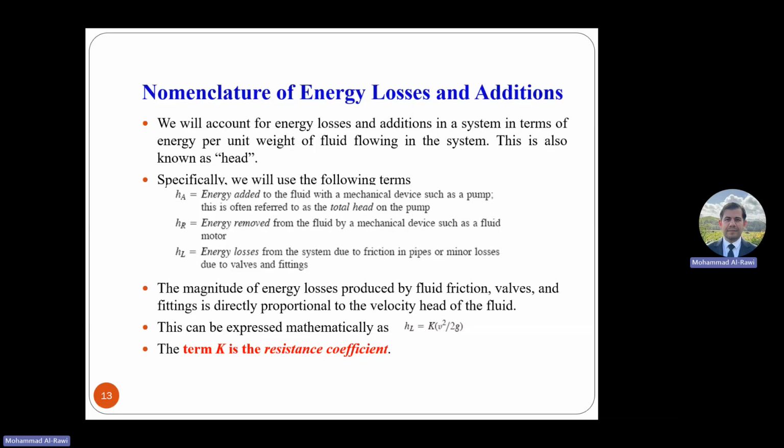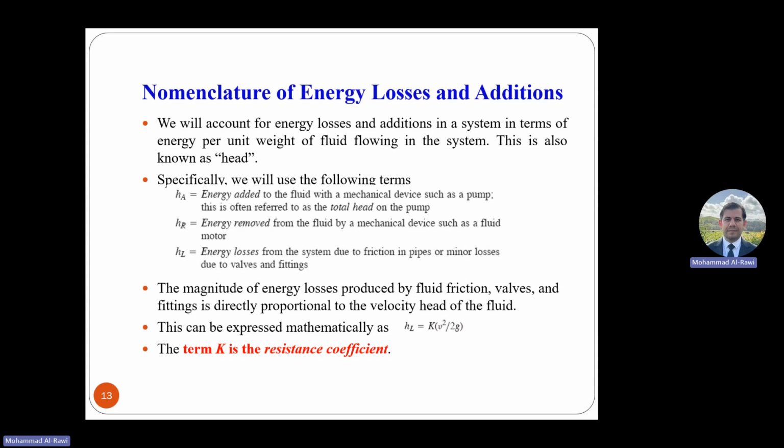If we define some of the terms with respect to the general energy equation, now we learn the following. HA is energy added to the fluid by a mechanical device, such as a pump. We could also call it the total head on the pump. However, the energy removed from the fluid, such as by a turbine, we call HR.